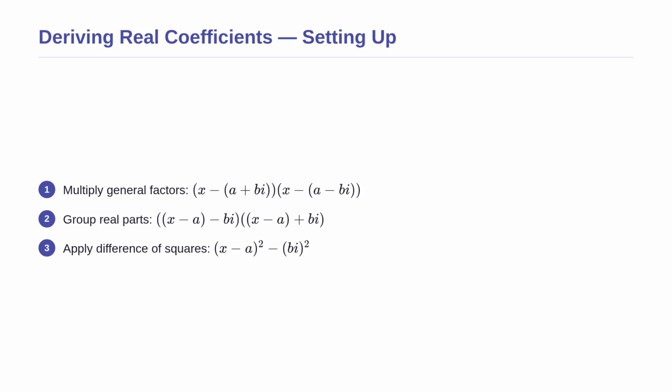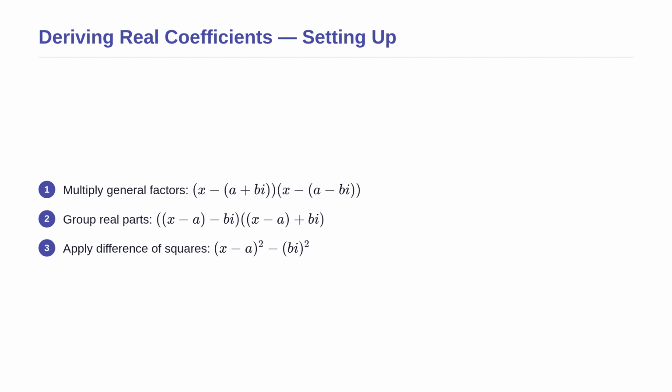Now that we have used this rule successfully, let us understand where it comes from by looking at the formal mathematical derivation. We want to prove that multiplying any imaginary root by its complex conjugate always results in strictly real coefficients. We start with the general factors, x minus the quantity a plus bi and x minus the quantity a minus bi.